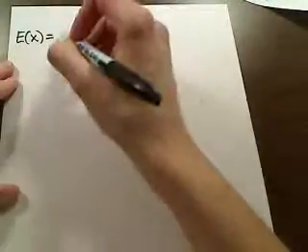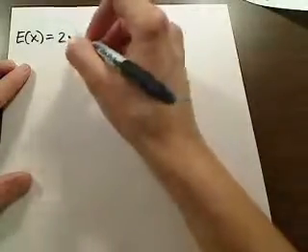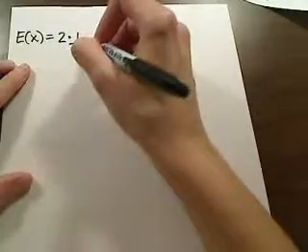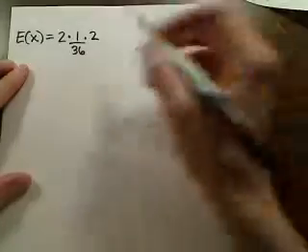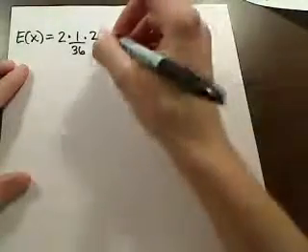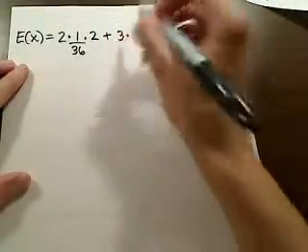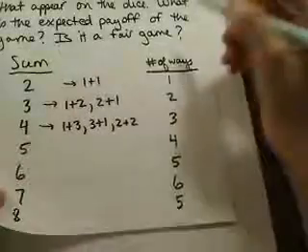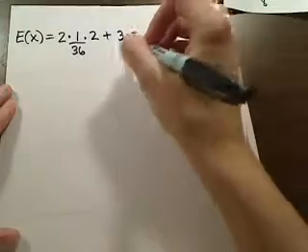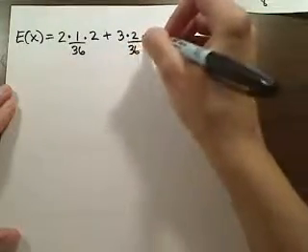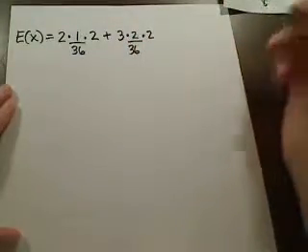Our expected value is actually going to take a couple of lines because it's going to be kind of long. So we've got the outcome of 2, a 1 in 36 chance, and we're multiplying by $2. I'm going to go ahead and drop the dollar sign for now. Then we've got an outcome of 3. The outcome of 3 has 2 ways that it could occur, so the probability is 2 out of 36, and we're multiplying that by $2.